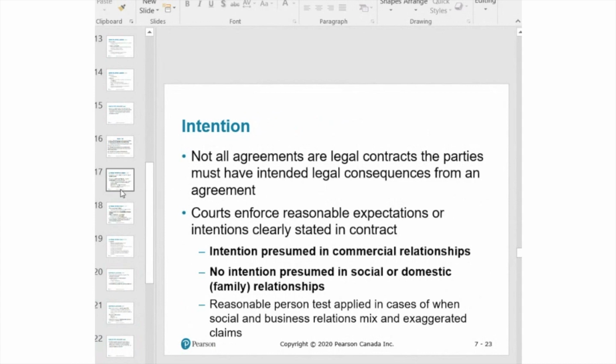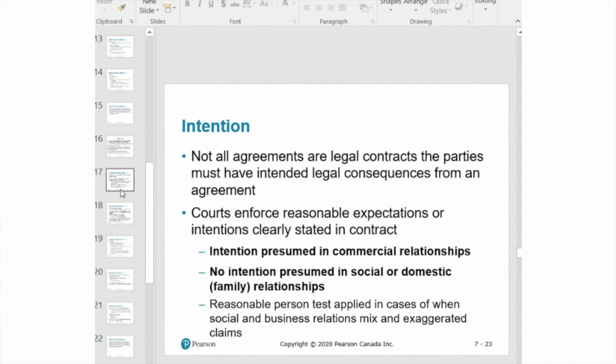Those are examples of social relationships or domestic relationships. Parents and children, grandchildren and grandparents, aunts, uncles, cousins. So those are family relationships. Here, for social or domestic relationships, there is a presumption of no intention.